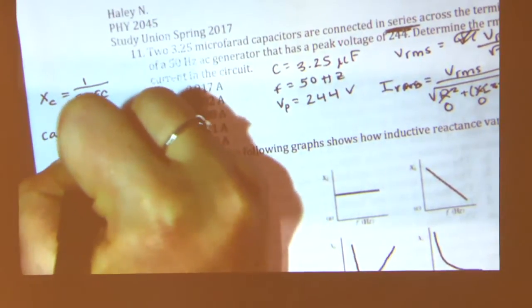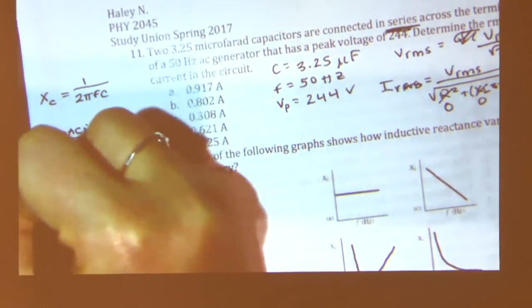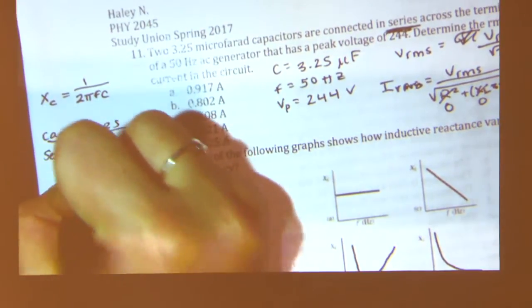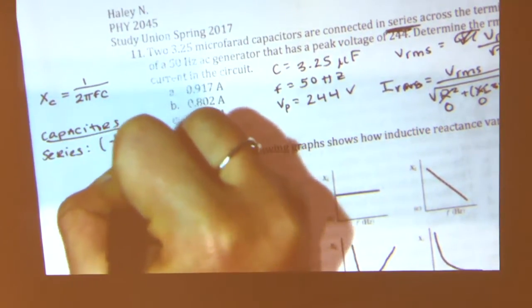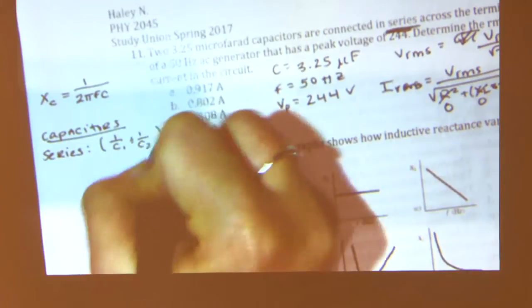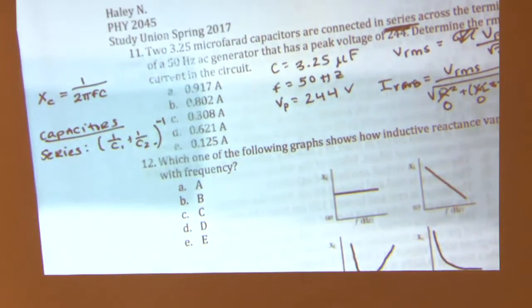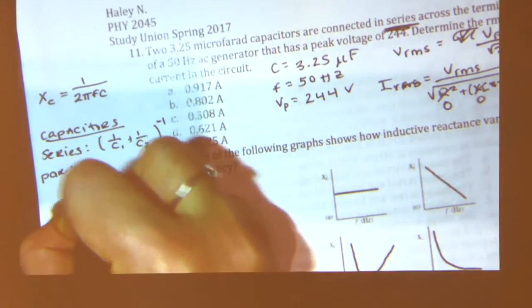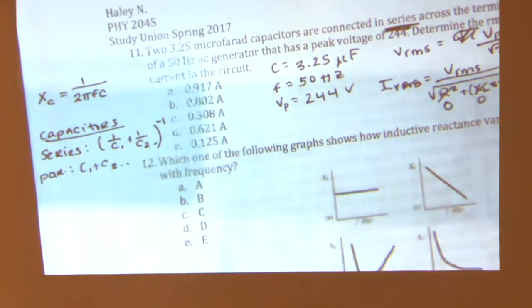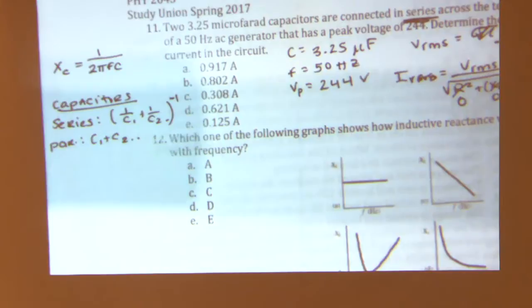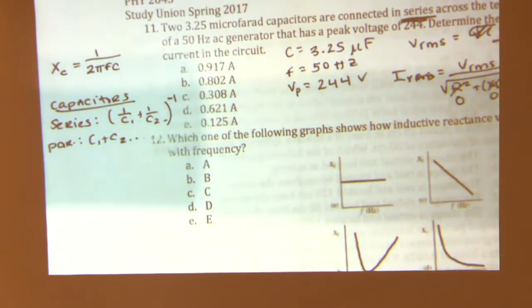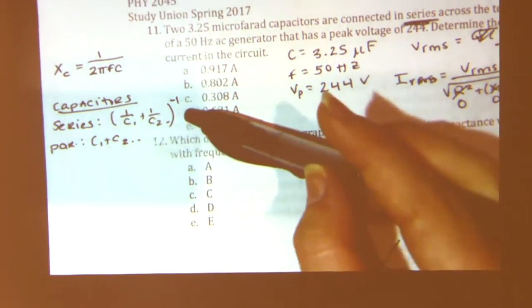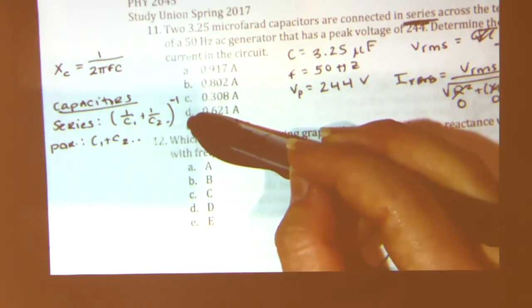For capacitors in series, you do 1 over C1 plus 1 over C2 and so on, to the negative 1. When they're in parallel, you just do C1 plus C2 and so on, however many you have. It's the complete opposite from resistors, where with resistors in series, you just do R1 plus R2 plus R3.